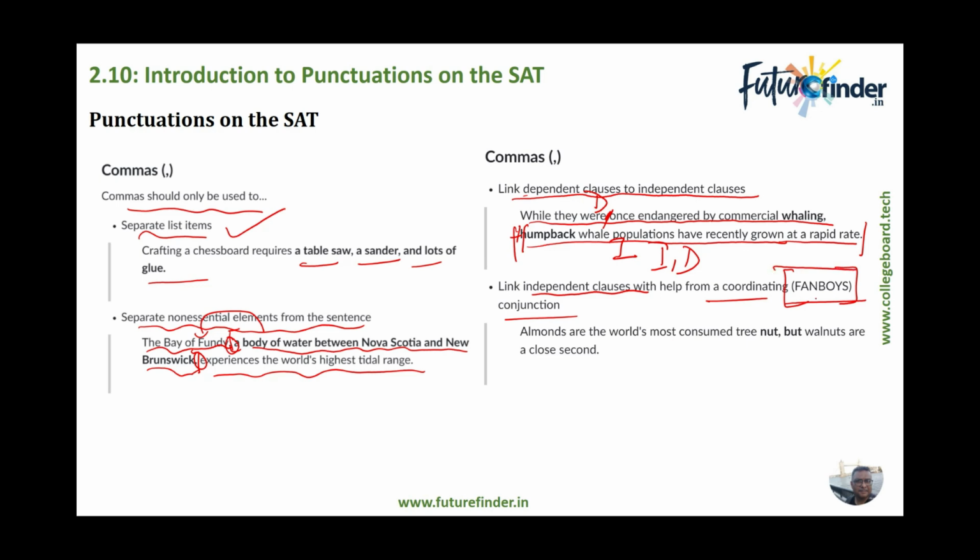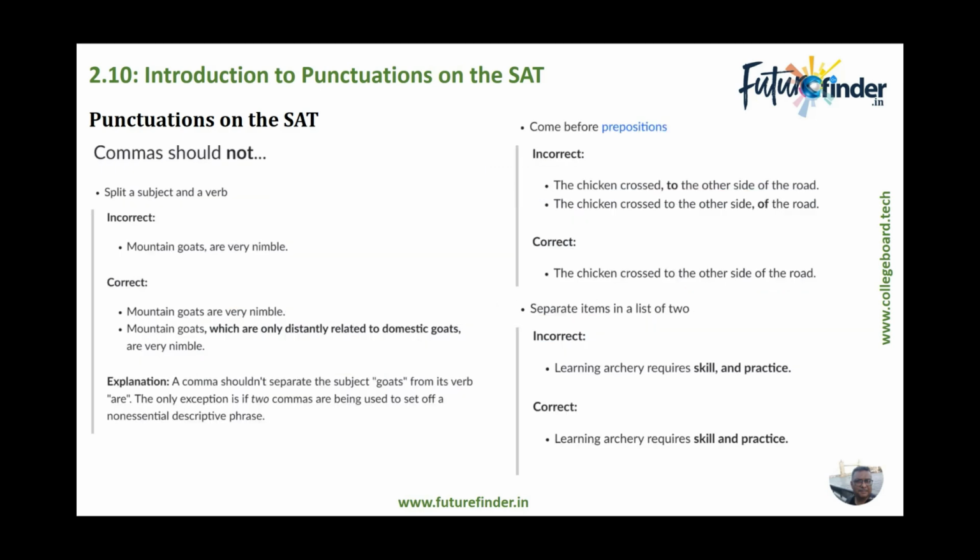So, we always need to have a comma before the fanboys, wherever we find them. Almonds are the most consumed tree nut, but. So, whenever we have this but, which is a fanboy conjunction, we need to have a comma. For the fanboy conjunctions and the definition of conjunctions, you can go back to the parts of speech and have a lesson on the conjunctions.